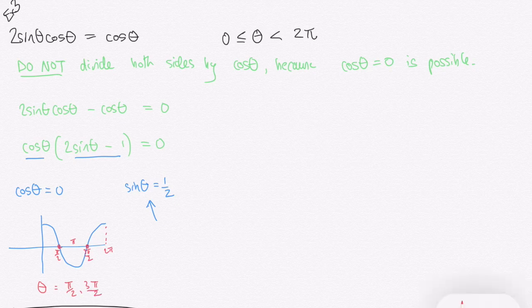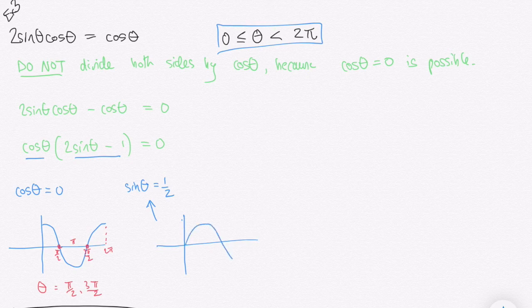But we also now need to think about sine theta equals a half, and we are looking between 0 and 2 pi here. So we're going to draw sine from 0 to 2 pi, and we have sine theta equals a half. So we have two solutions here and here, and we know that this is pi and this is 2 pi. So if we do sine inverse of a half, that should be one that you know is 30 degrees. You can do it on your calculator if you don't know that. 30 degrees in radians is pi over 6.